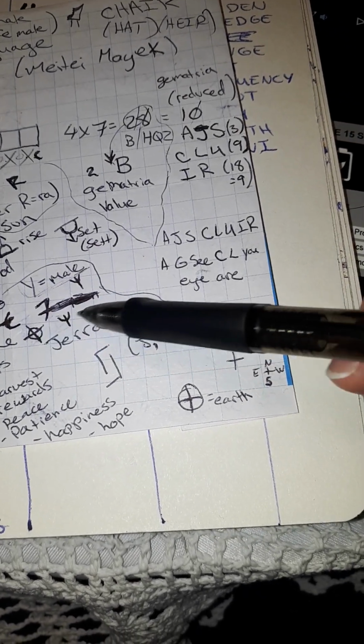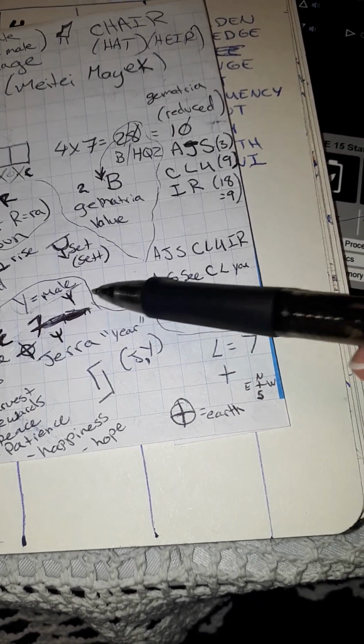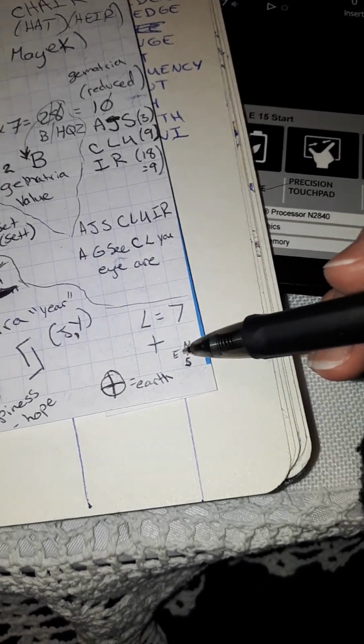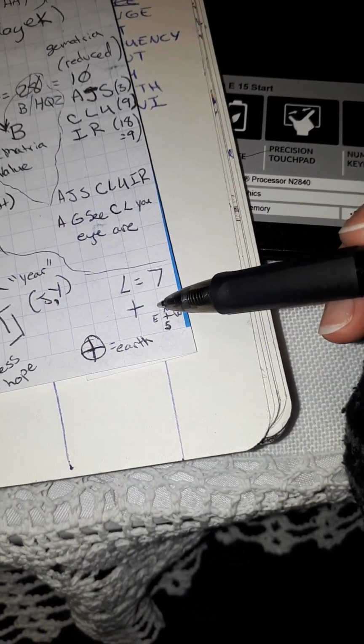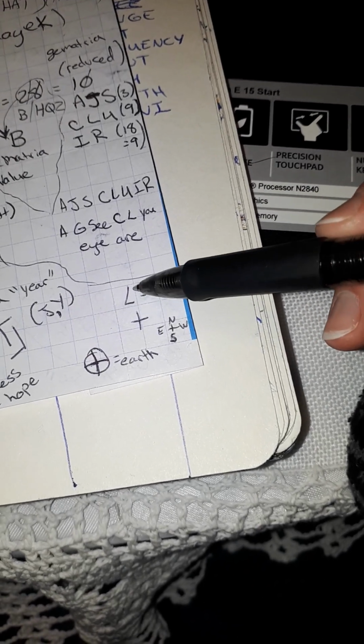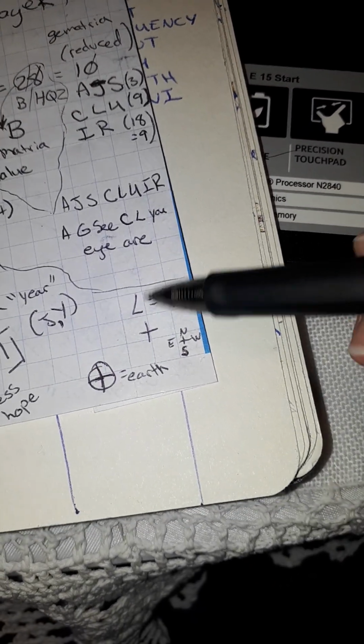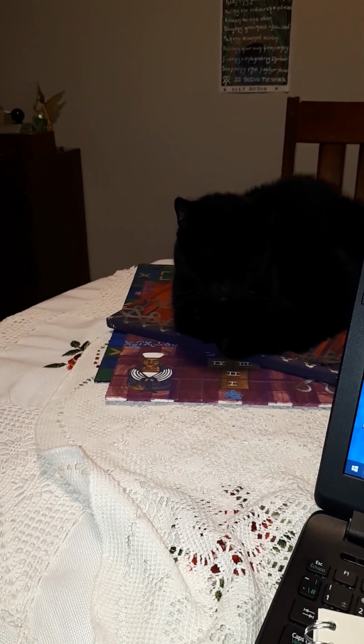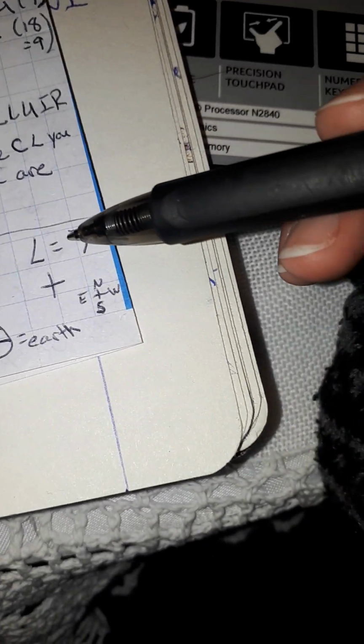And then I was looking at the other variations of that. 7. So L can be flipped around to 7. I did a painting with this in it, which I actually got to explain. That's underneath Calypso. I've yet to do that one yet.